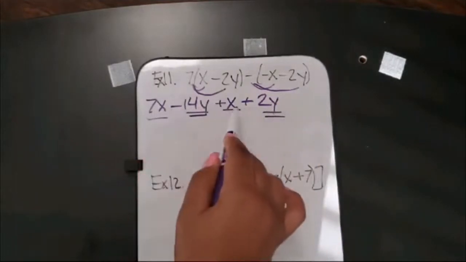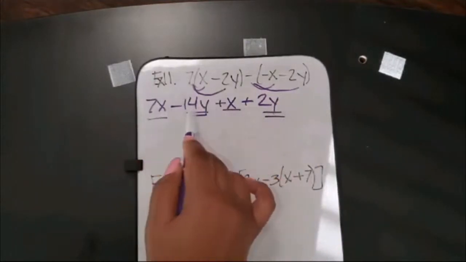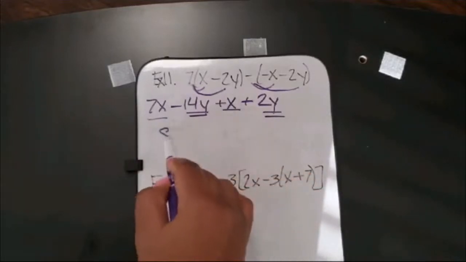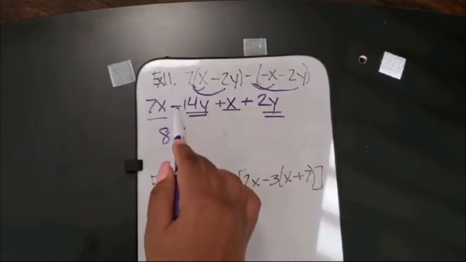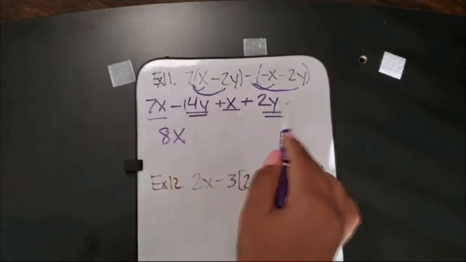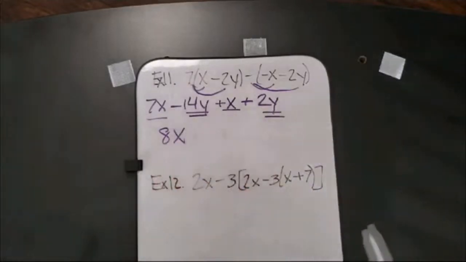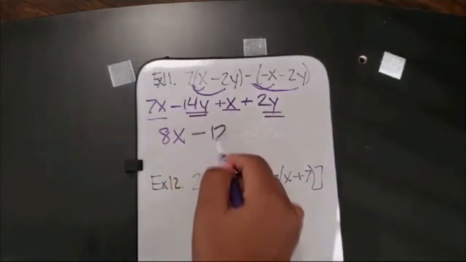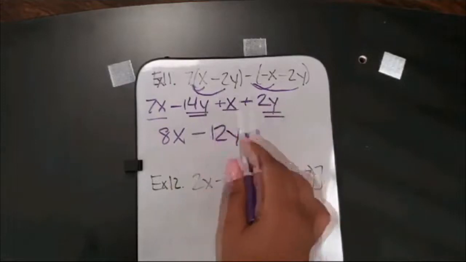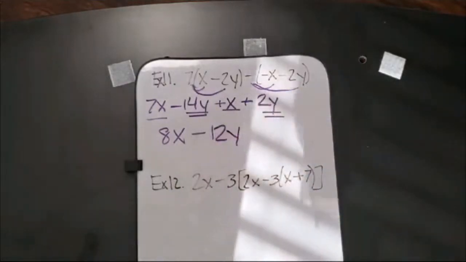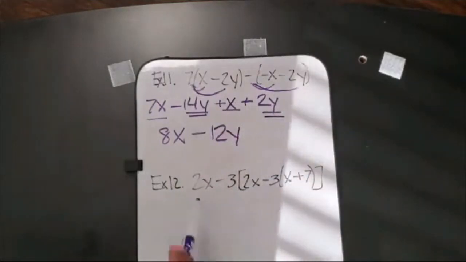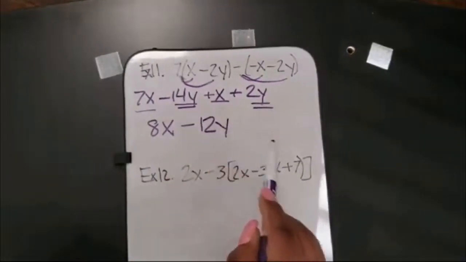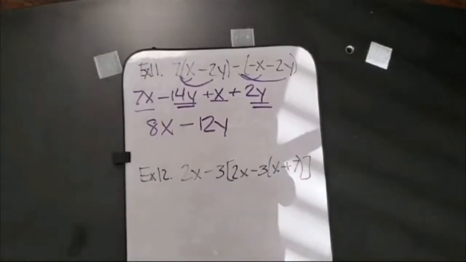So all of our x's we can combine. We have 7x plus x, which we know is 1x, so we get 8x. Then we have negative 14y plus 2y, so that's negative 14 plus 2, which is negative 12, and we keep that y variable. So for example 11, our answer is 8x minus 12y.